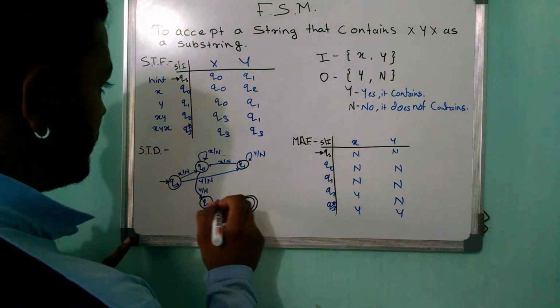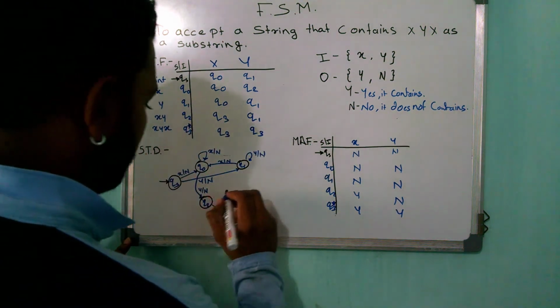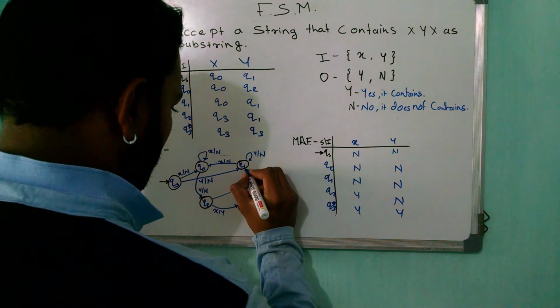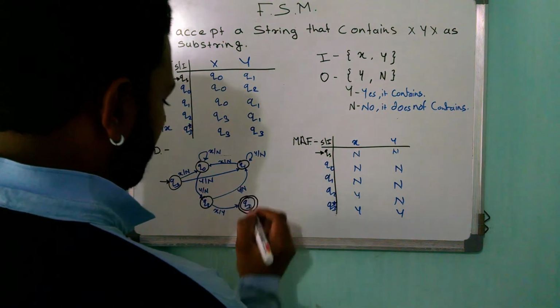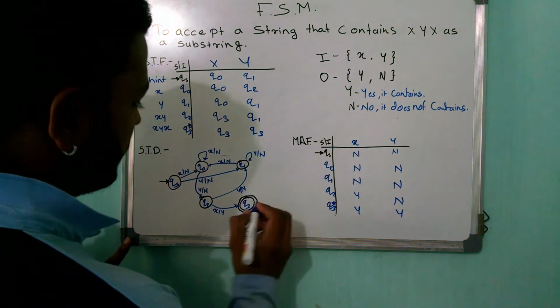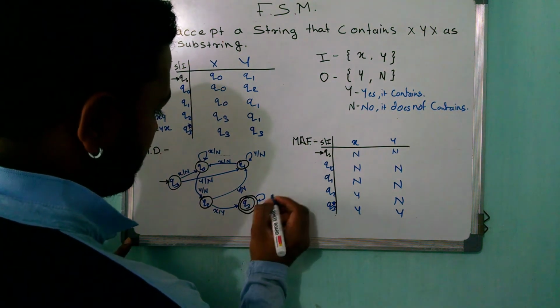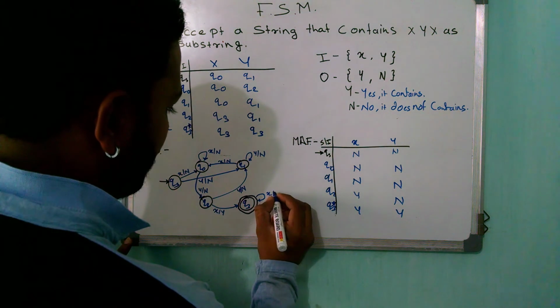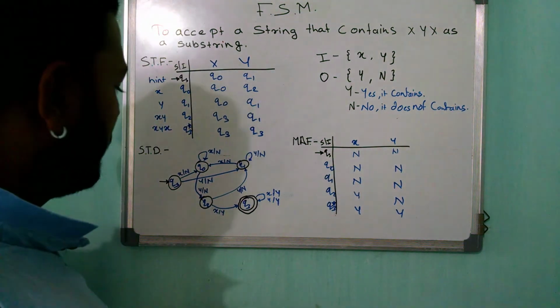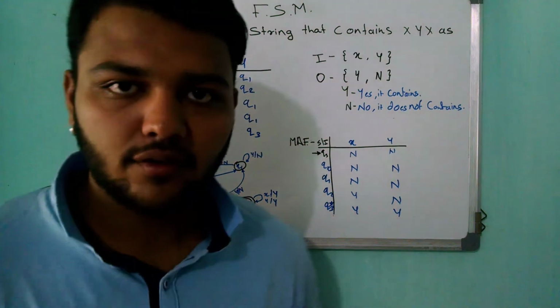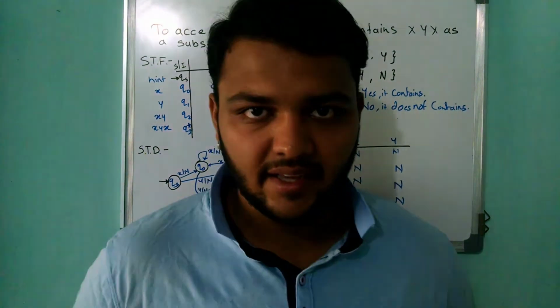From q2 we also go to q1 when y comes, when y is the input and no is the output. And in q3 both are self loops, x/yes and y/yes. So this is how we draw the state transition diagram for the problem that is contains.